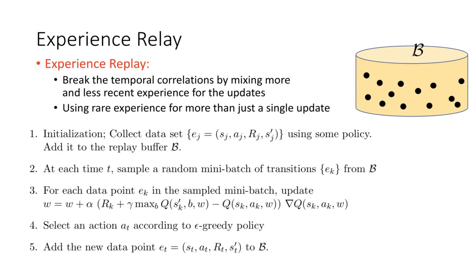How is it breaking that temporal correlation? Because we are putting, say, the past 1 million data points into a bucket. But rather than selecting just the previous data, I'm going to select, say, 128 data points uniformly at random. So the data that I'm selecting to update my parameter is coming not from the immediately previous samples.